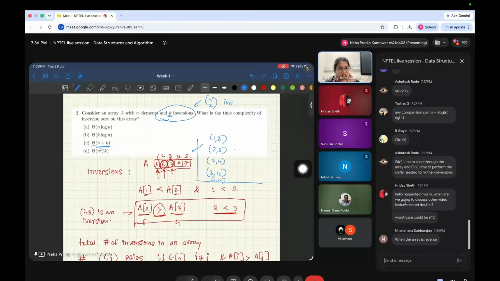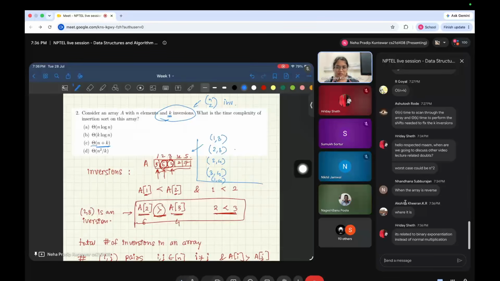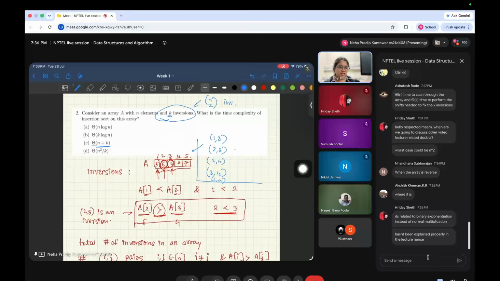In the problem solving sessions, I'll generally have a set of questions prepared and we will discuss those. But if you have more questions, then you can maybe dictate it to me and we can take it up. But if you have doubts that are specific to the lectures, then use the discussion forum, which is on this portal itself. When you log into the course, you should find a tab called discussion or Q&A, something like that.